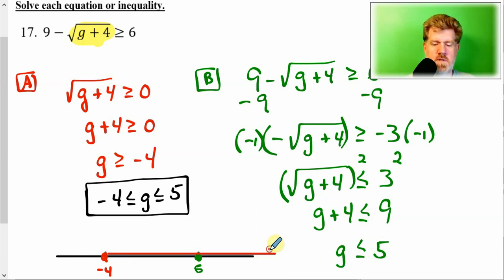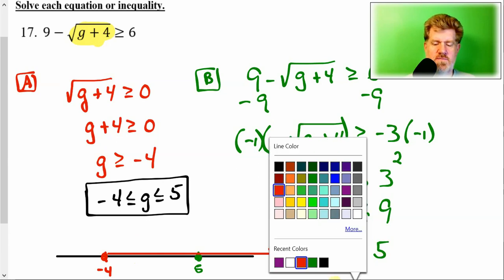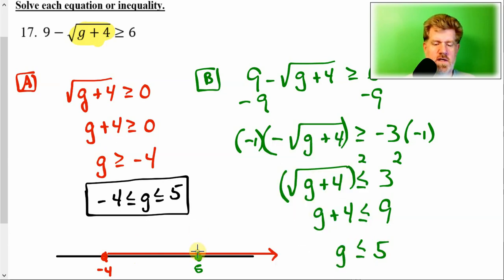All right. g is less than 5, which means that goes this way. So where are they both true? They're both true between those two numbers, between -4 and 5.